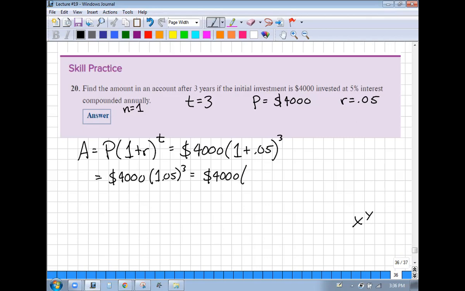And that is 1.157625. So now I take those two numbers and multiply them together, and I get $4,630.50. So with 5% interest on $4,000 for 3 years, we are paying an extra $630 in interest.